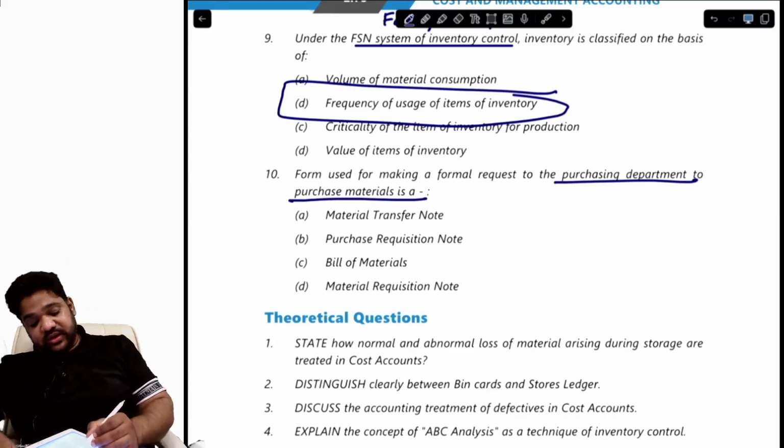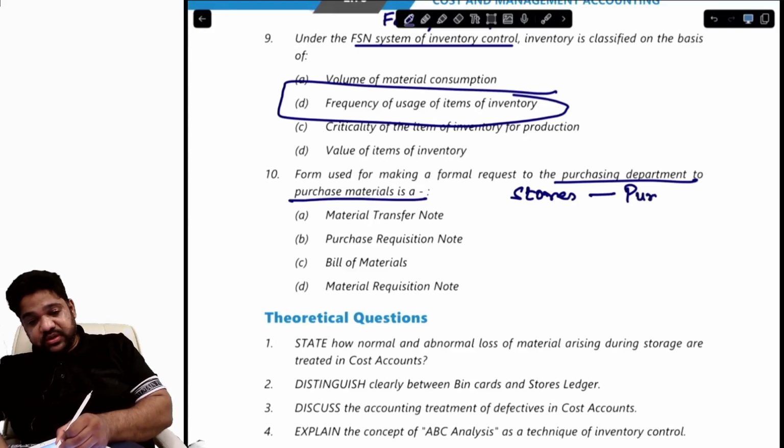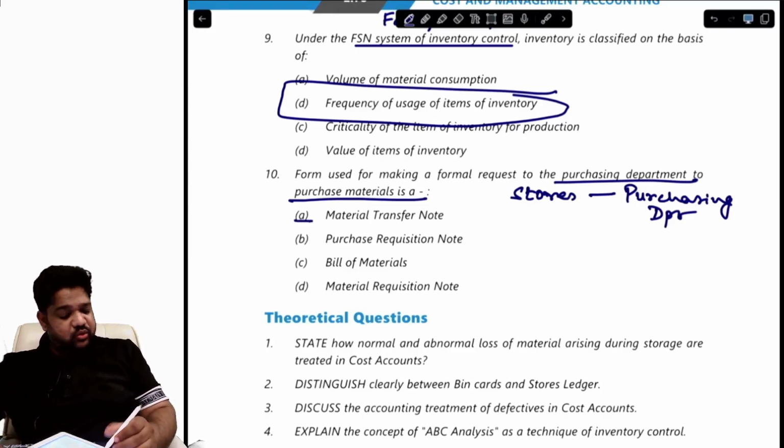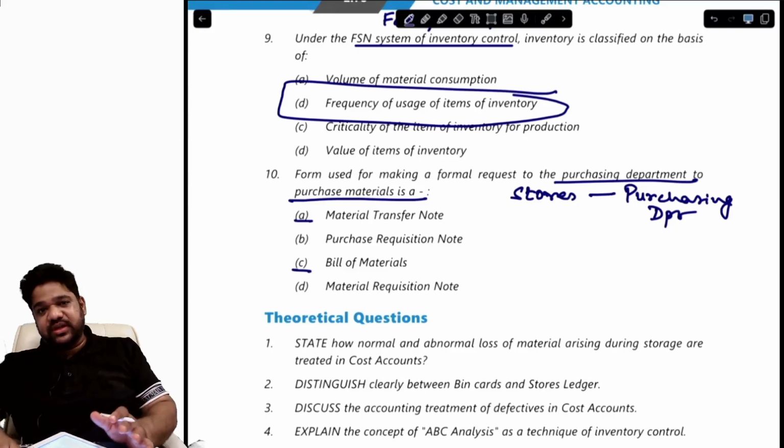So who are you then? You are the stores department who is requesting the purchasing department to buy materials. Now, material transfer note, are you transferring materials between two? No. Bill of materials. Now understand what is a bill of materials. It is like an ingredient list for a recipe.